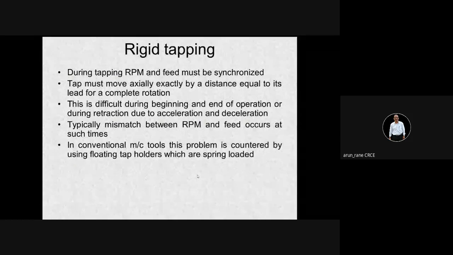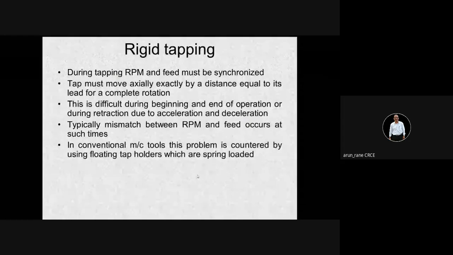There is a tapping attachment that comes as an optional accessory which needs to be fixed to the machine. It should have a float as a safety feature, an axial float. That is, if something goes wrong, it can move.